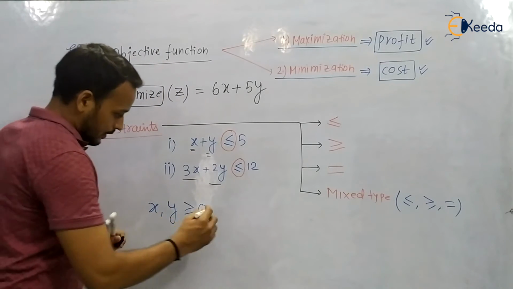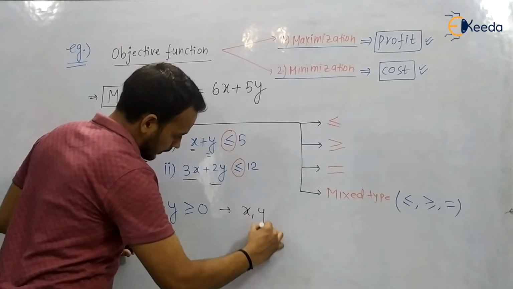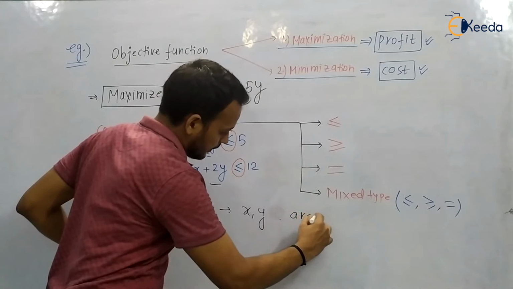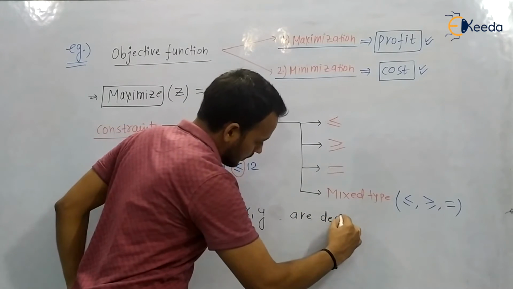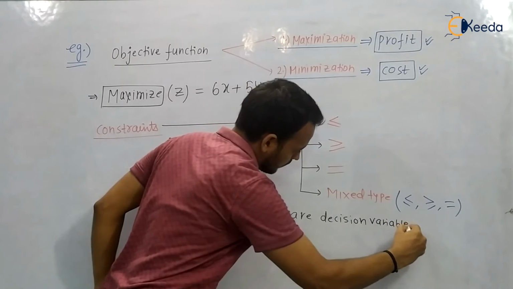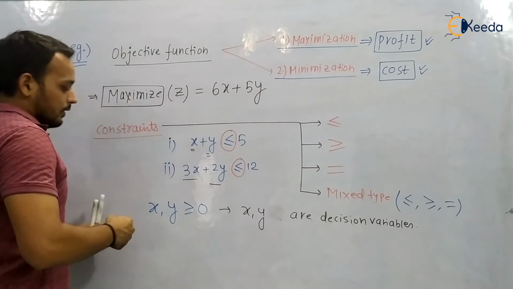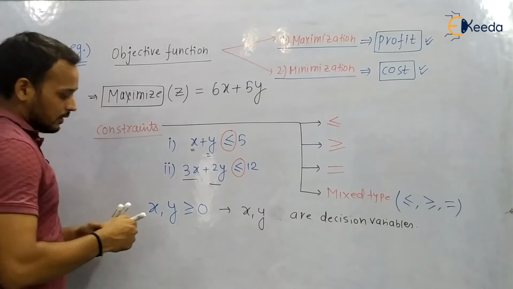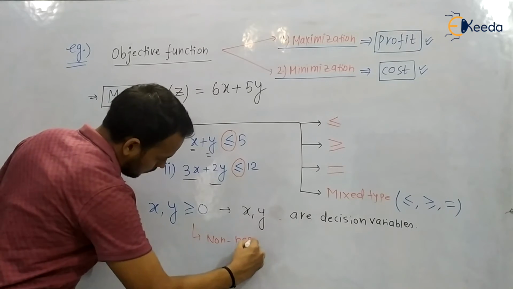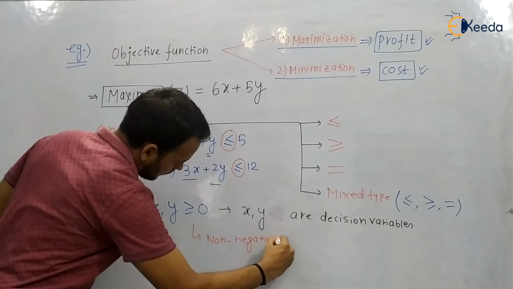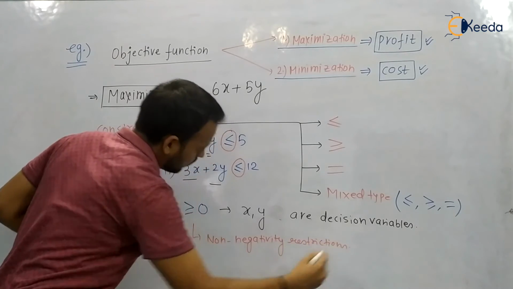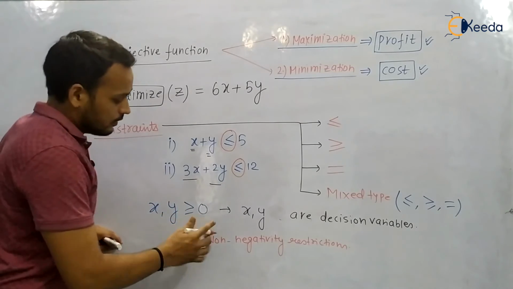And these are x and y. Basically, x and y are going to be your decision variables, and they are greater than or equal to zero, which means they are non-negativity restrictions. Greater than or equal to zero means non-negative.